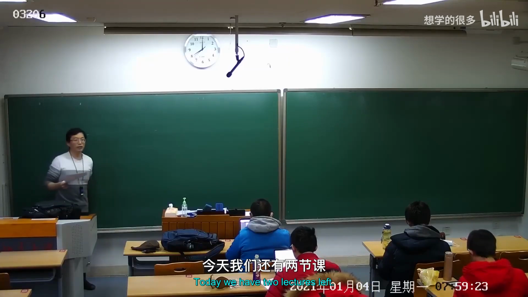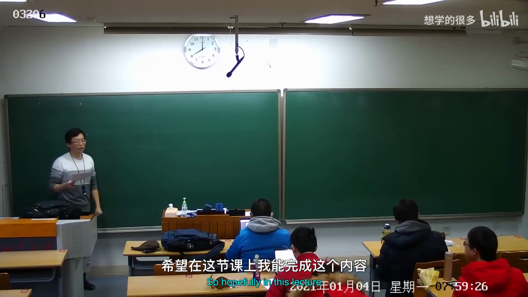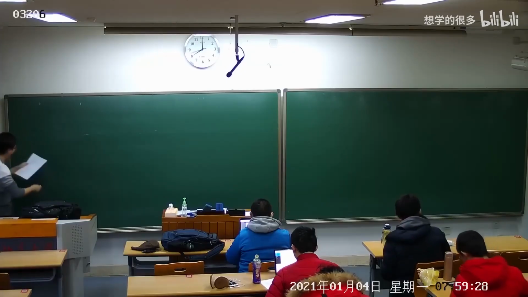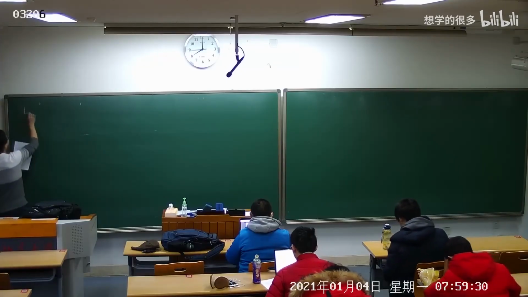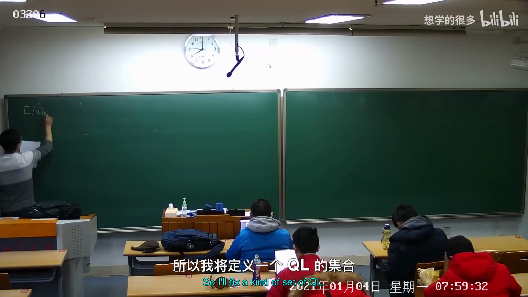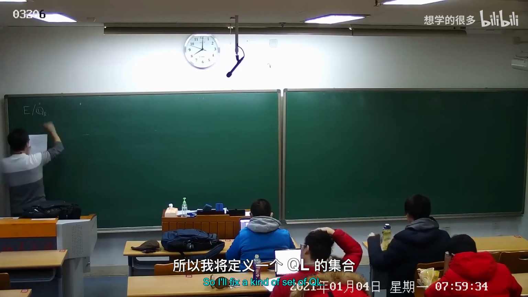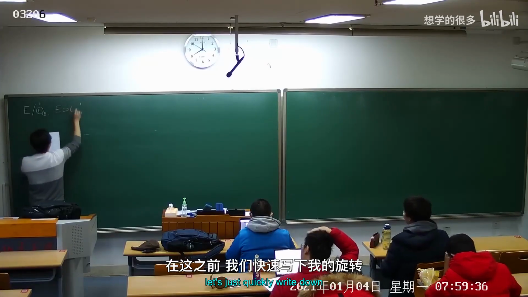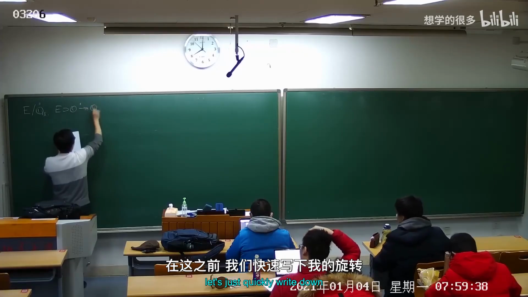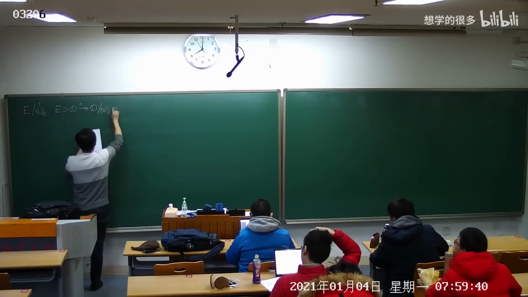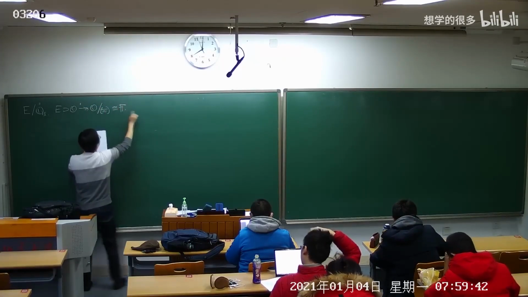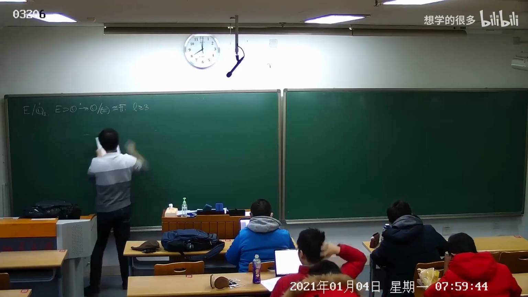Today we'll have 2 lectures left, so hopefully in these 2 lectures I'll finish the proof. So I'll find the extent of QL. As before, let's just quickly write down the notations. And my L is greater than or equal to 3.